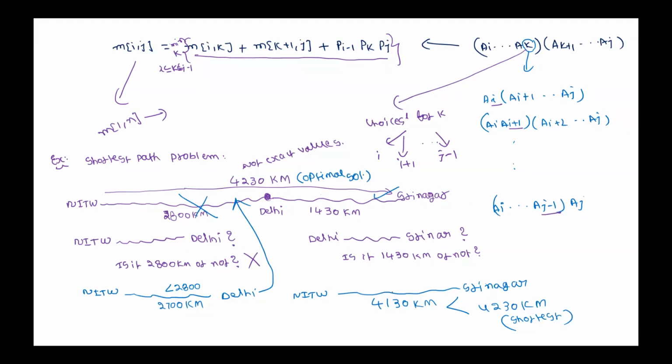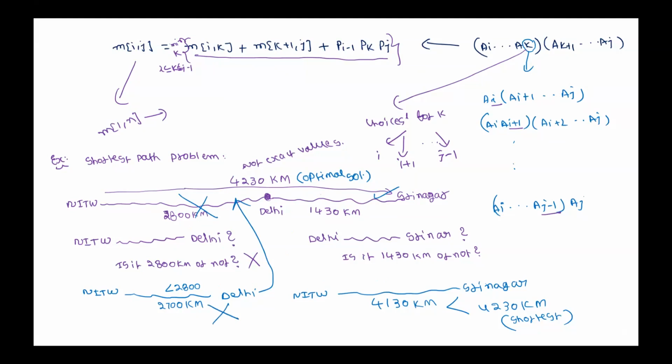Why did we get another path which is smaller than this? Due to our assumption that NITW to Delhi, there exists some other path whose length is less than 2800. But actually, is it possible? No. If at all it was possible, they would have said the shortest distance itself is not 4230.